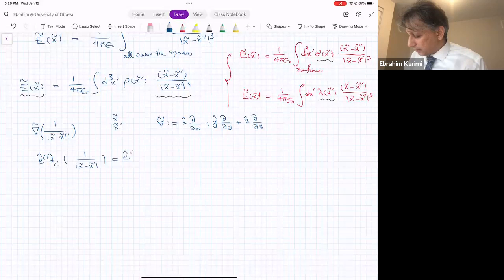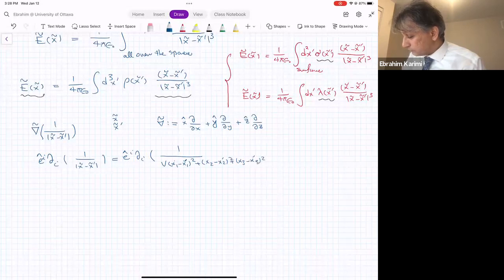It's the i-th derivative with respect to x_i of 1 divided by the square root of (x1 minus x prime 1) to the power of 2 plus (x2 minus x prime 2) to the power of 2 plus (x3 minus x prime 3) to the power of 2. Okay, do you agree on that?